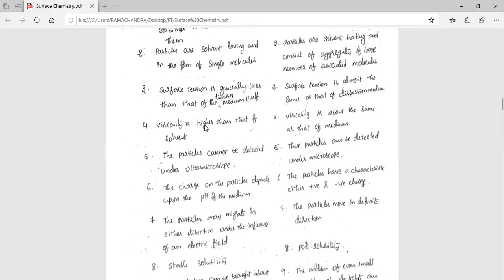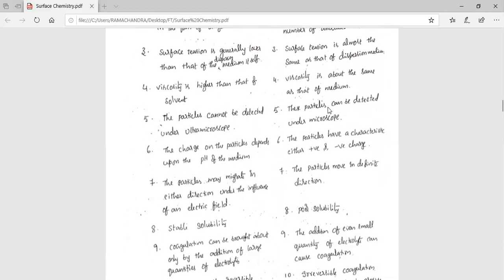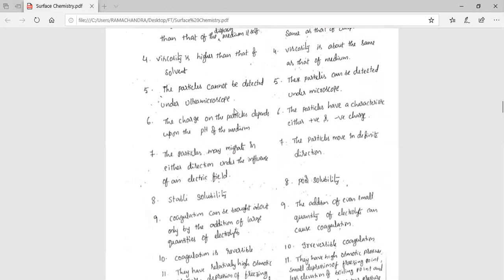Next, the surface tension is generally lower than that of the dispersing medium in lyophilic solutions, whereas in lyophobic solutions the surface tension is almost the same as that of the dispersion medium. Next, the viscosity is higher than that of the solvent in lyophilic solutions, whereas in lyophobic solutions the viscosity is about the same as that of the medium.